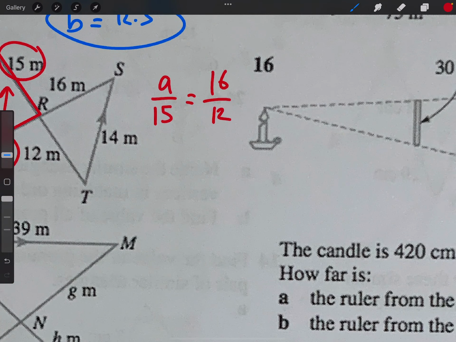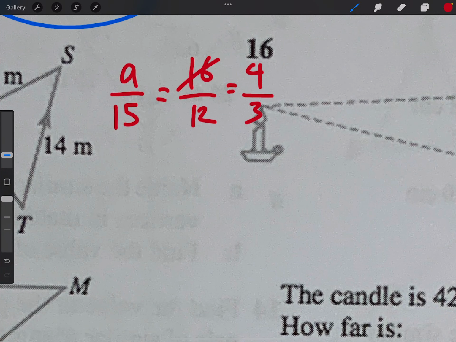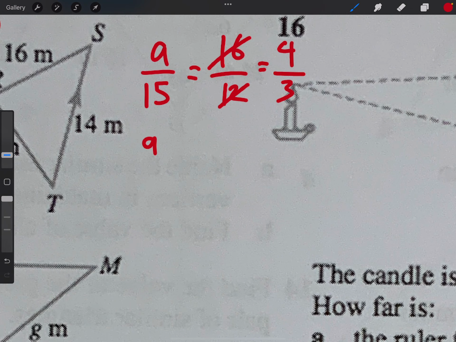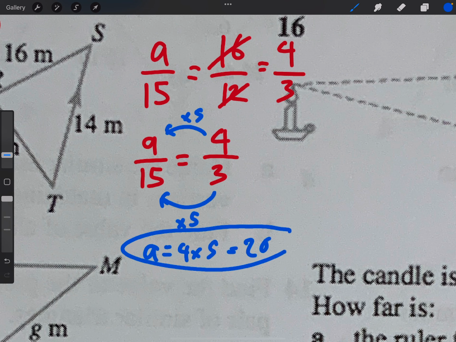Now let's simplify this. I can divide them top and bottom by 4. I'll get 4 over 3. So A over 15 is equal to 4 over 3. And you can see pretty clearly that to get from 3 to 15, I just multiply by 5. So to get from 4 to A is multiply by 5. So A is equal to 4 times 5 equals 20. A equals 20. Done.